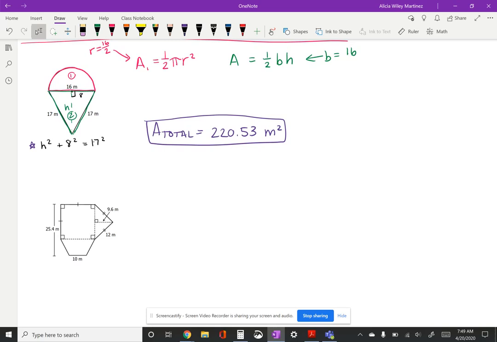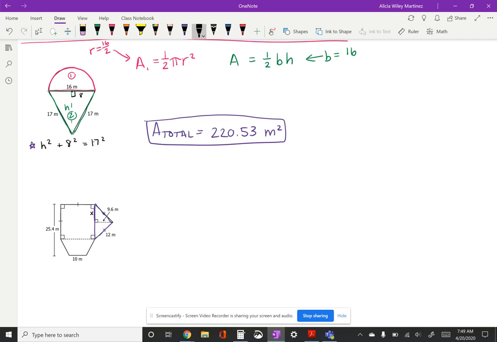On the last example here, you're going to have 3 regions. Again, in this triangle region over here, you're going to have to do the Pythagorean theorem. And the reason you're going to have to do that is because you don't know the base of the triangle. So you'll have to do the Pythagorean theorem to get this value here, right?